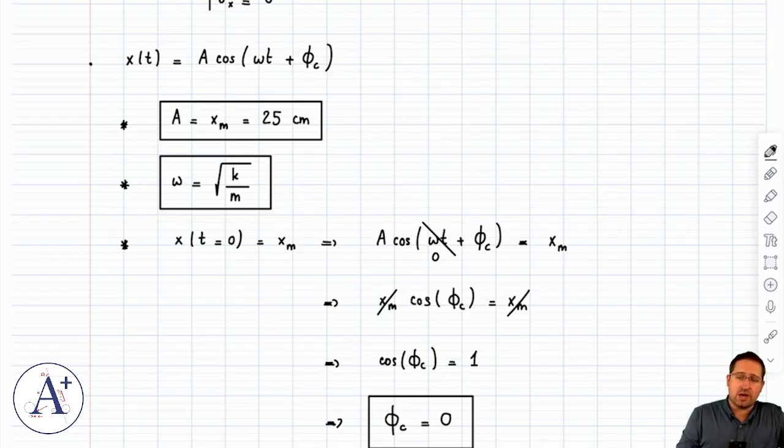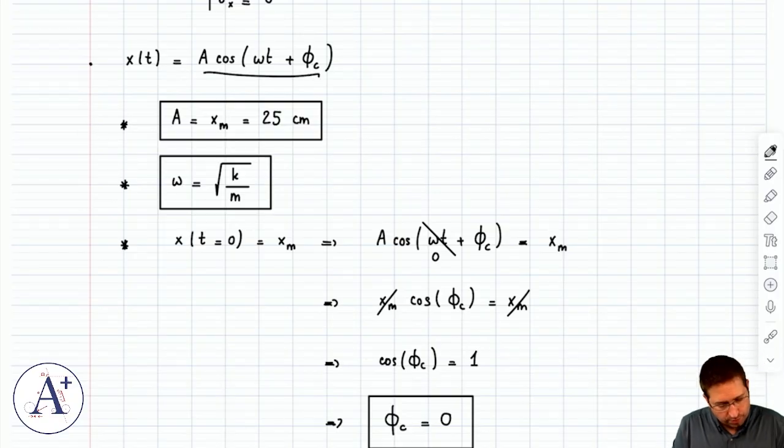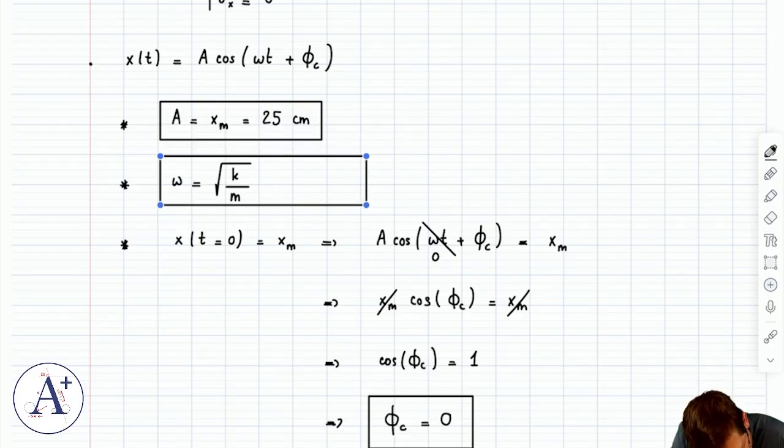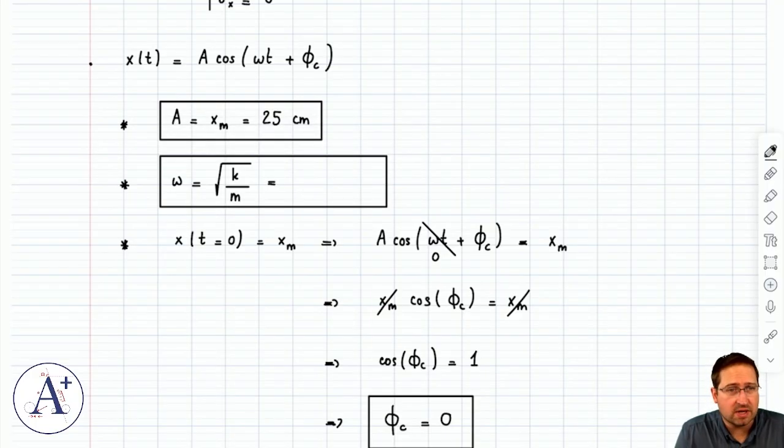If you go ahead and try it with sine instead, you're going to find that phi sub s is going to be pi over 2. That's okay, you just carry on. That's what you put back in here. That's the value that you have. So I know everything. Let me just do this so that we have it.